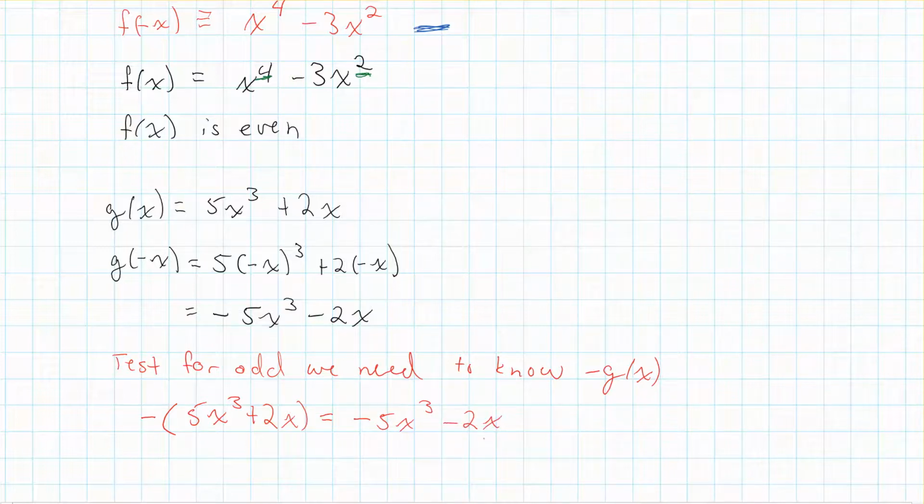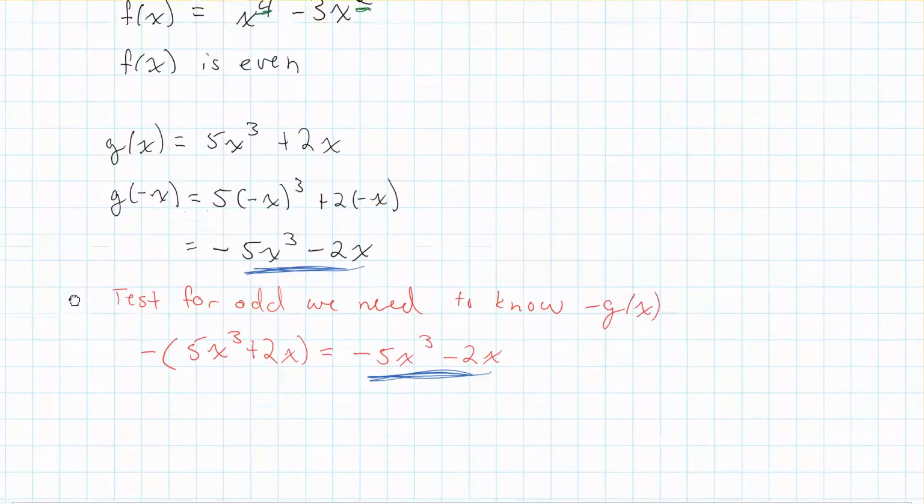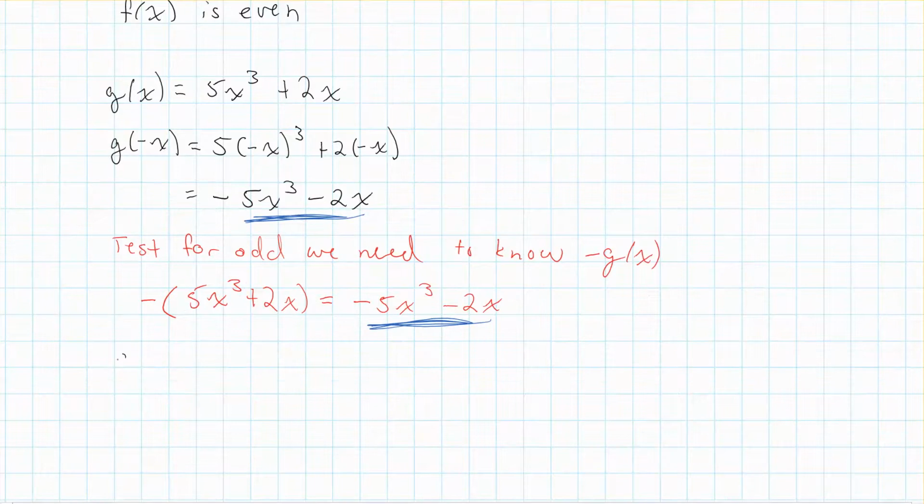Now I'm supposed to compare, because I'm testing for odd, this, which is negative g at x, to g at negative x, and see if they're exactly the same. Well, clearly they're exactly the same, so that means g at x is odd.